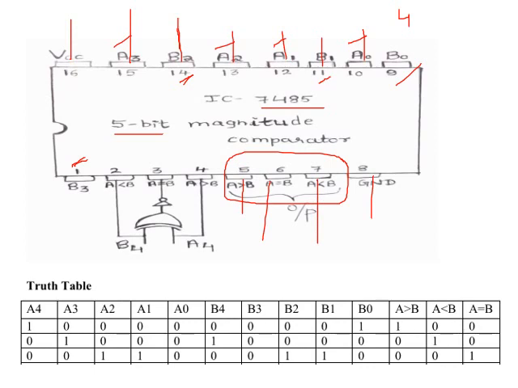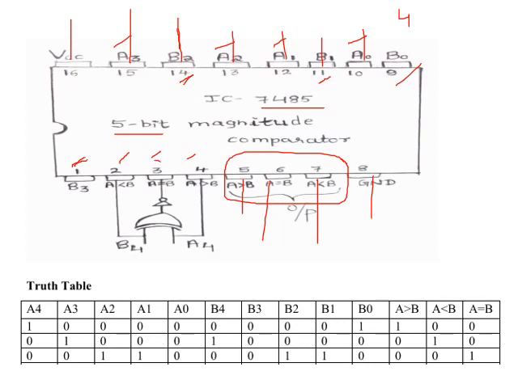Coming to the main point, pin numbers 2, 3 and 4 are also acting like inputs. Whenever we use two ICs, the output of the first IC should be given as input to the second IC.